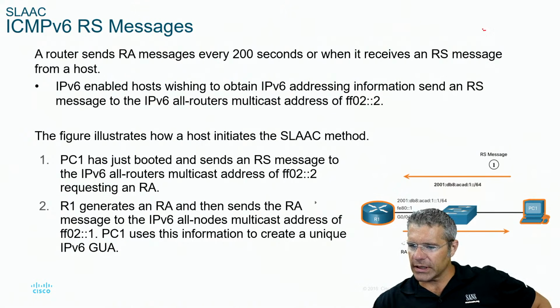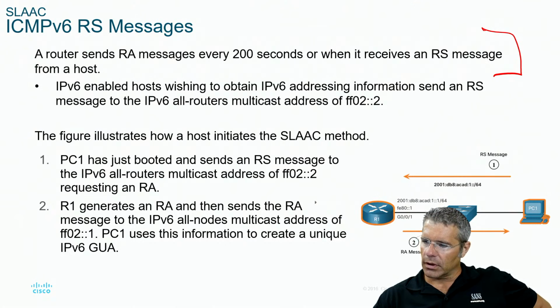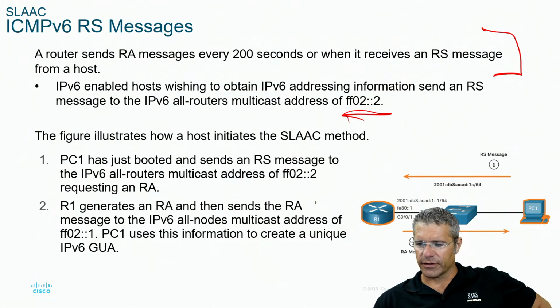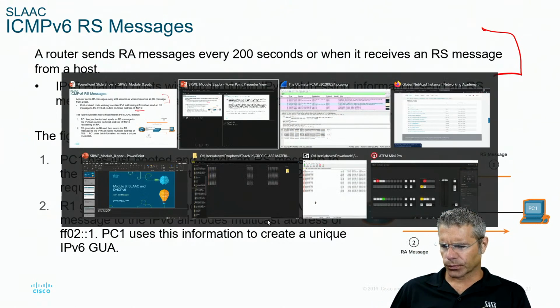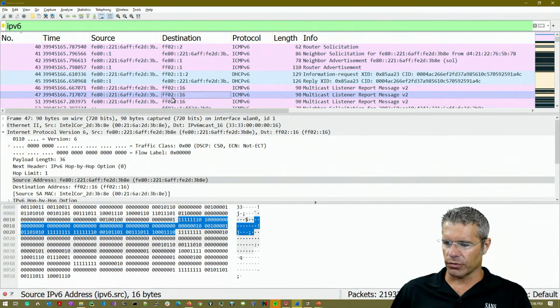As we mentioned previously, every 200 seconds or whenever it gets a router solicitation message, it is going to send out info from that multicast address to all systems. So notice we've got a lot of chit chat happening on FF02 here.